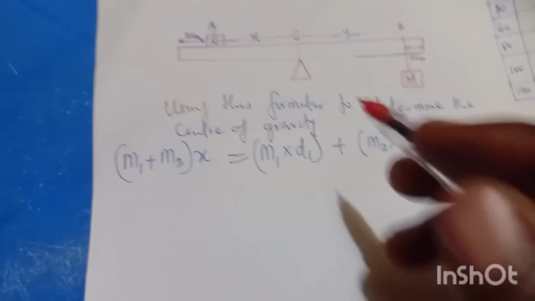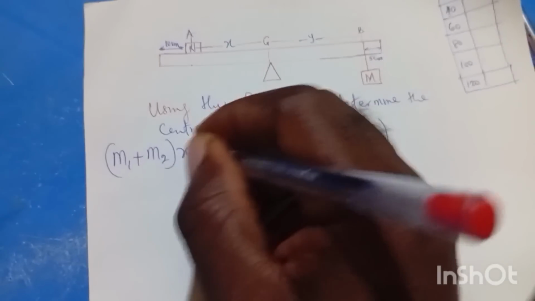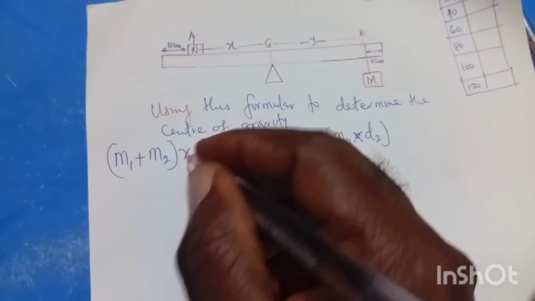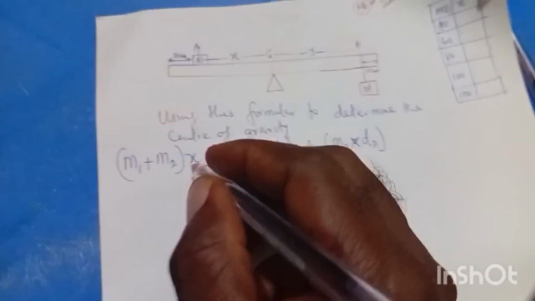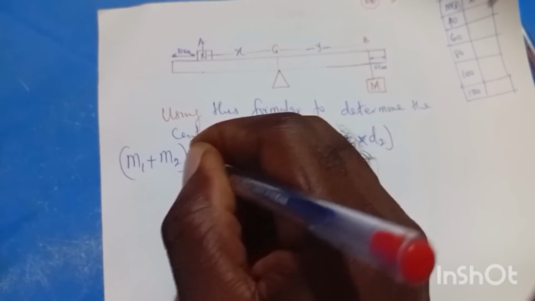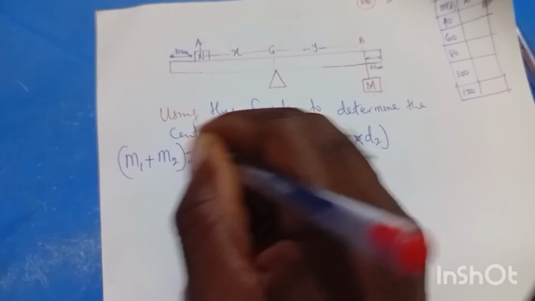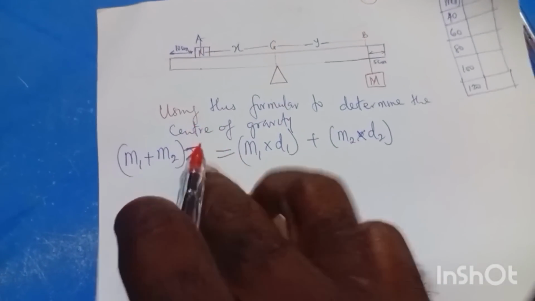Now the center of gravity I want to find is the x that you are seeing here. But in order not to affect what we have here, let me call my x that you are seeing here z. Permit me to call this thing z.